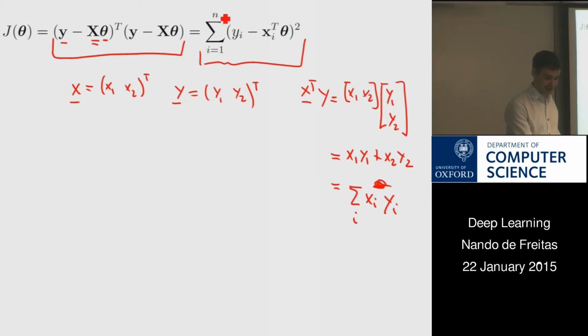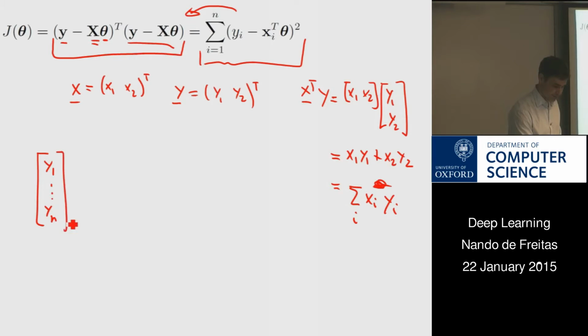Okay, and so it's a trivial exercise for you to then go and rewrite this as this, because essentially, let's say you look at this, what we have here is a vector of y1 all the way to yn minus, and then you could write each of these as x1 transpose, x2 transpose, all the way up to xn transpose.